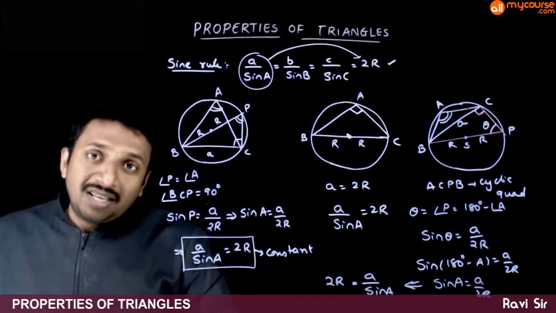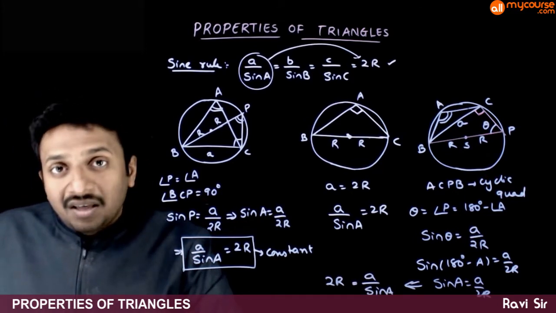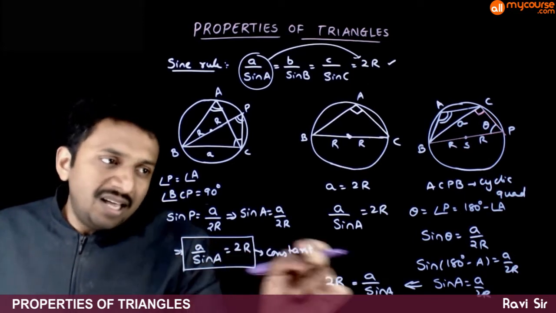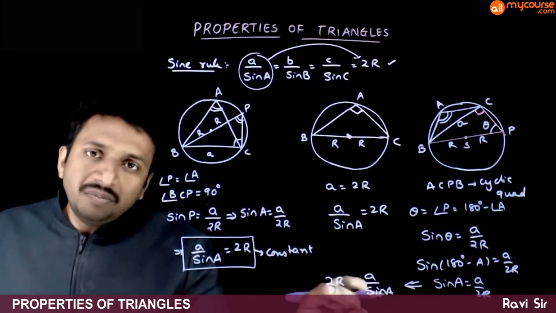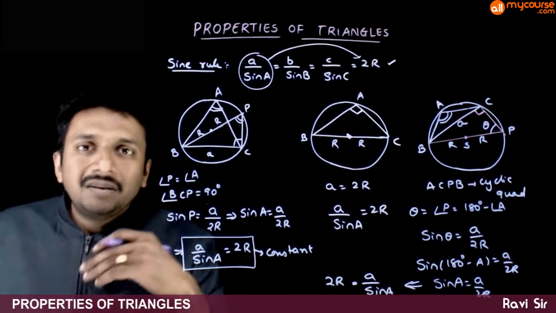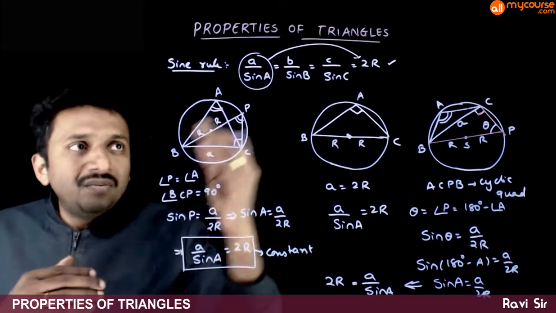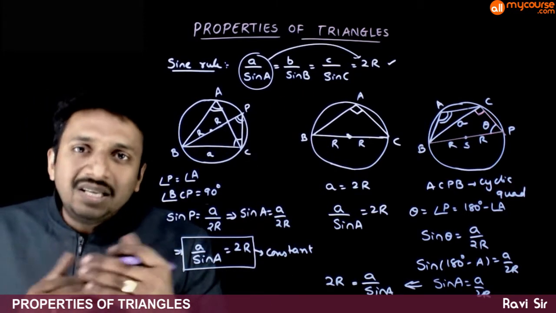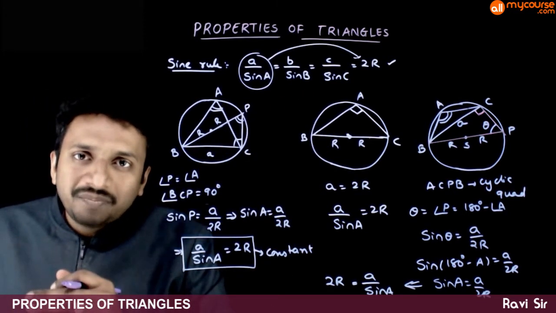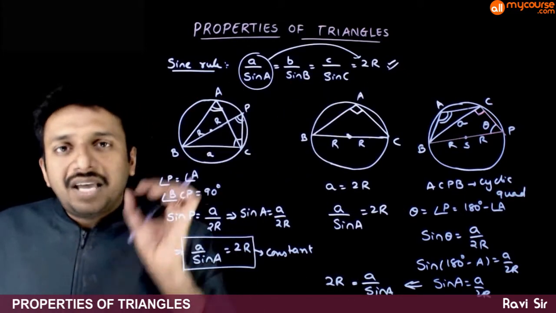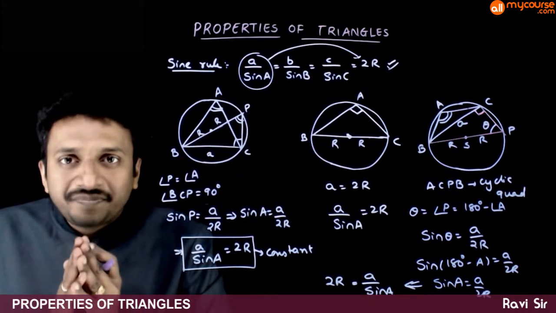So whether A is acute, a right angle, or an obtuse angle, a by sine A will always be equal to 2R. By similarity, b by sine B will also be equal to 2R, and c by sine C will also be equal to 2R. That means in a triangle, this sine rule always works.